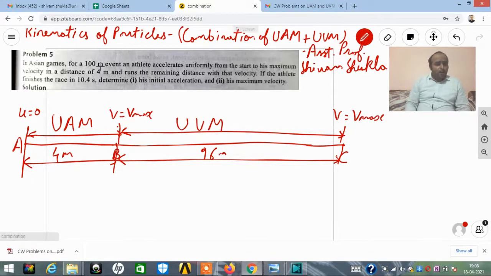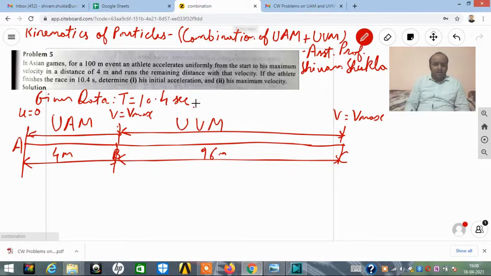In Asian Games for a 100-meter event, an athlete accelerates uniformly from the start to his maximum velocity in a distance of 4 meters and runs the remaining distance with that velocity, that is till here. In the given data I can write, the total time for the race that he finishes is 10.4 seconds.